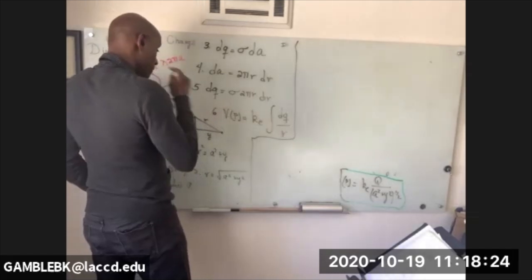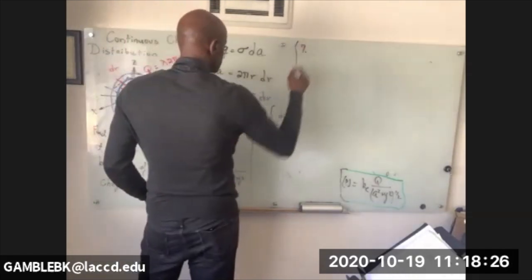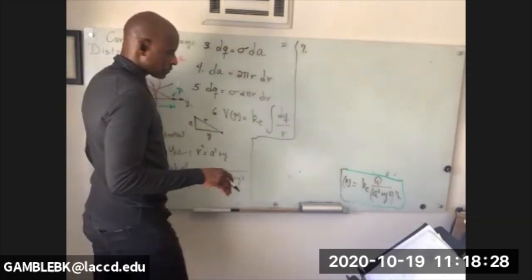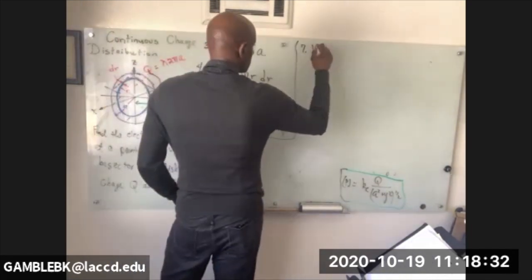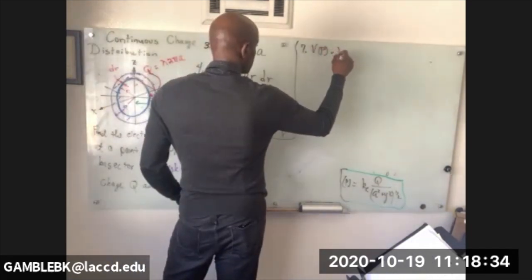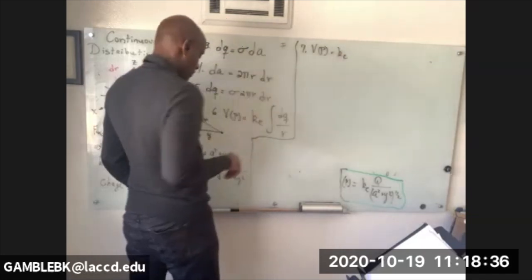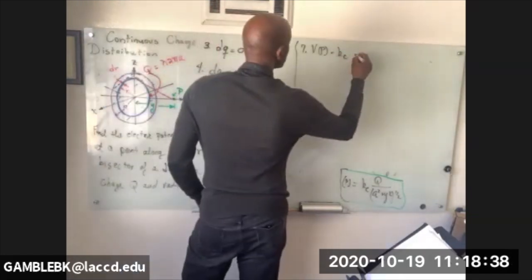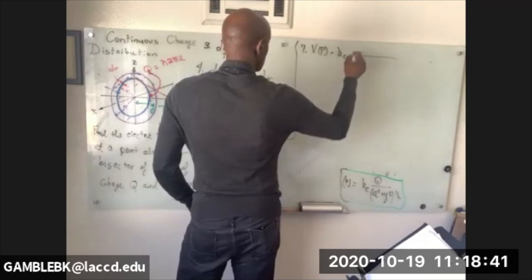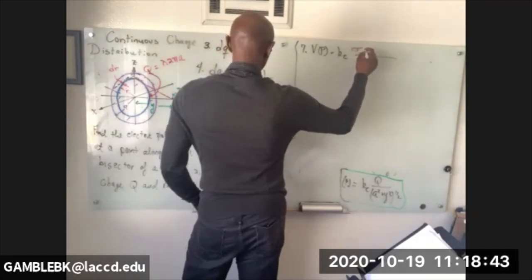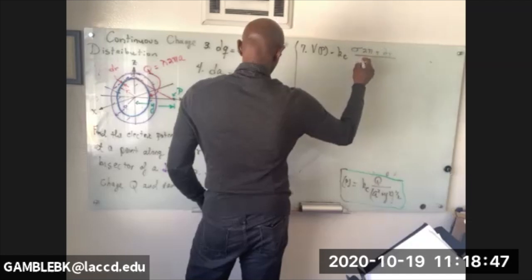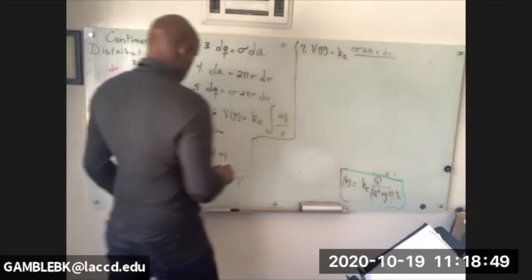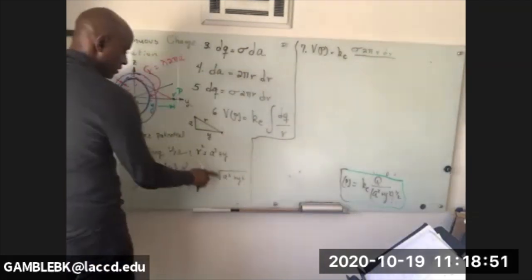We get V of P is equal to k sub e, and we're going to get sigma 2 pi r dr over, this becomes R now.